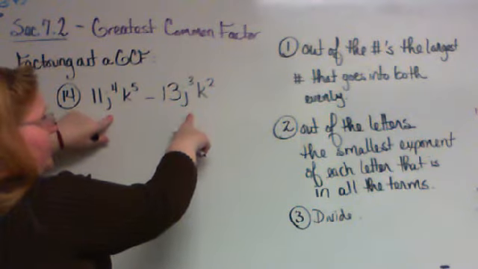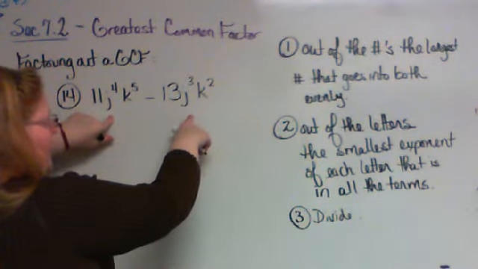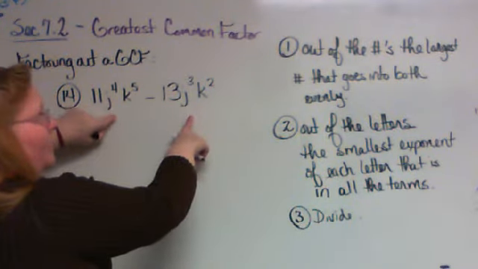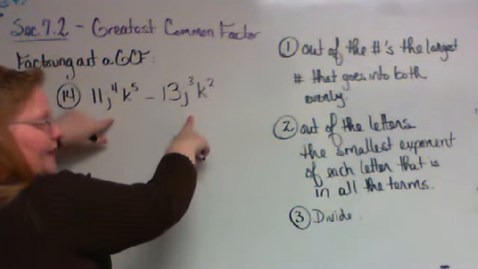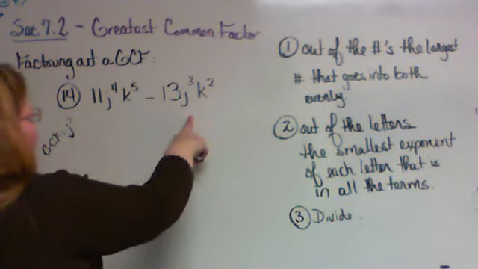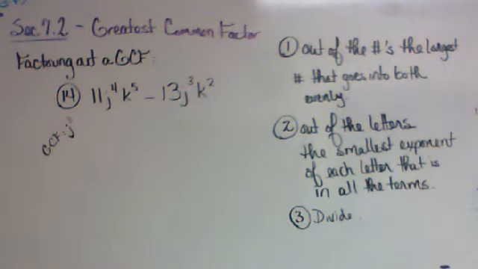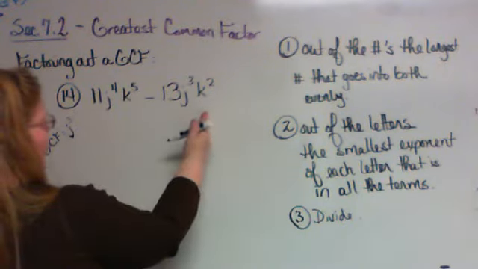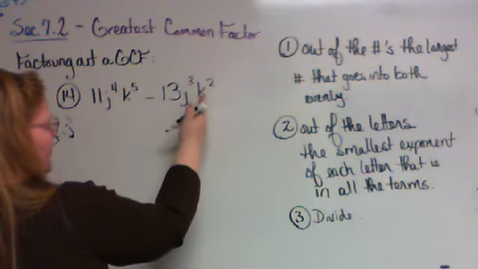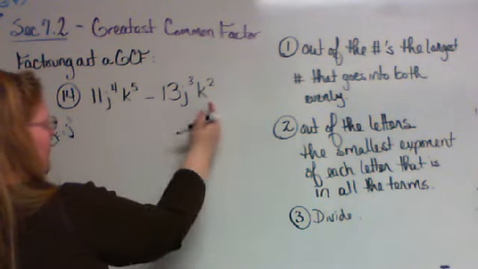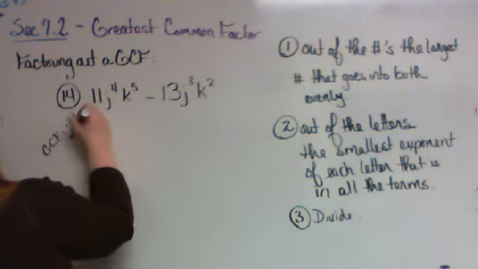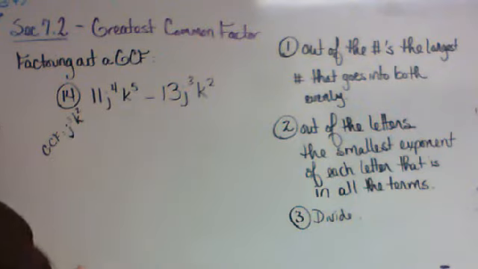So they both have to have at least 3, because this one has 3 and this one has even more than 3, but it definitely has 3. So that's why we use our smallest exponent. And then on the K's, since they both have a K, our smallest exponent is 2. So we know this one has 2 and this one has 2. So that's why we can include K squared in finding our GCF.